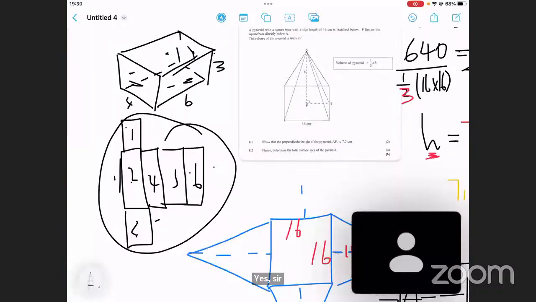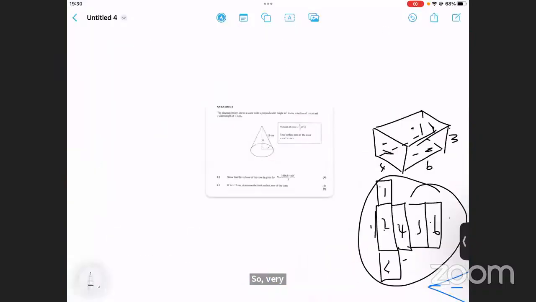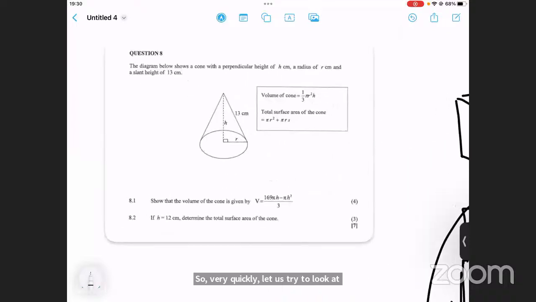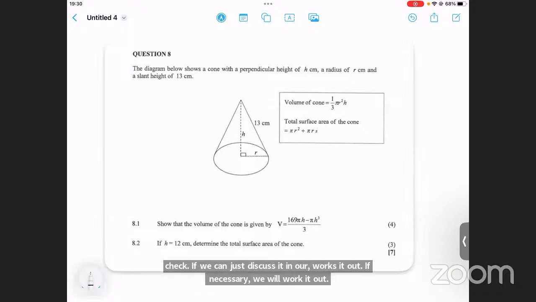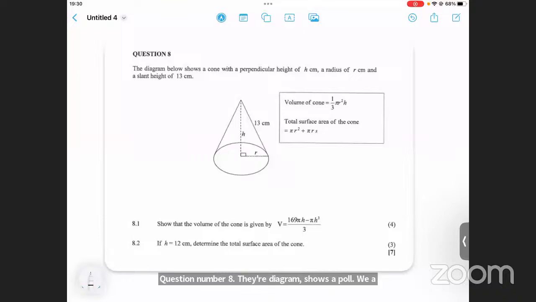So very quickly, let us try to look at this one and check if we can just discuss it without having to work it out. If necessary, we will work it out. Question number 8. The diagram below shows a cone with a perpendicular height of h centimeters, a radius r centimeters, and a slant height of 13 centimeters.